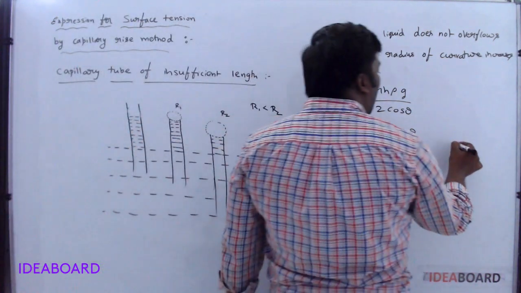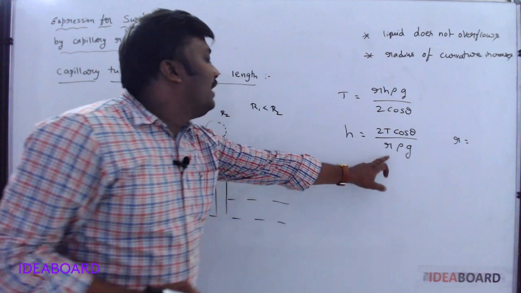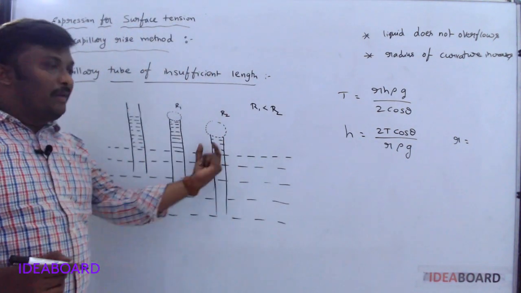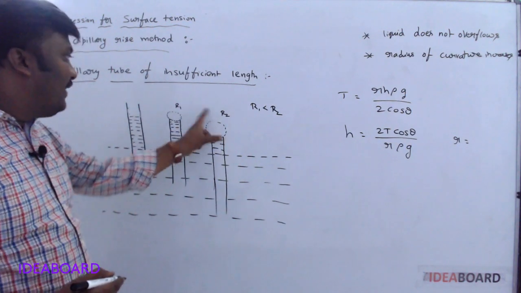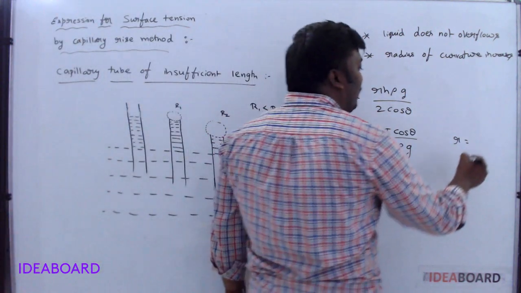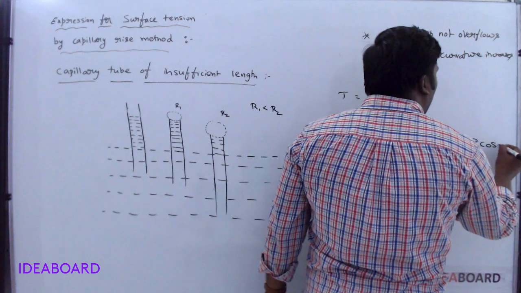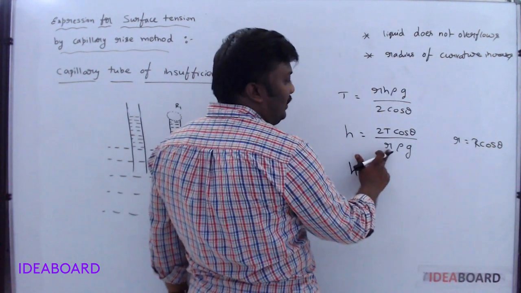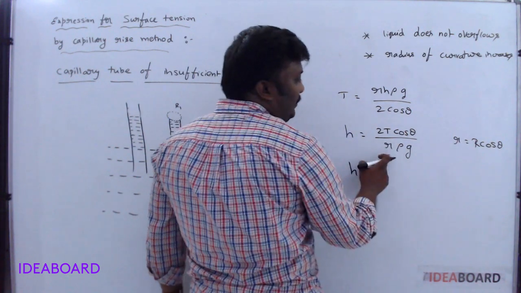We have a relation of small r with capital R, because the small r value does not vary, since we use the same capillary tube. But the radius of curvature changes. Now what we got? Small r is equal to capital R into cos theta. Substitute the value here. h is equal to, instead of small r, capital R cos theta substituted.